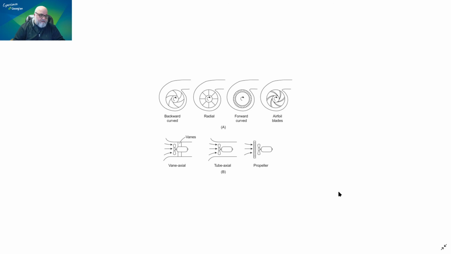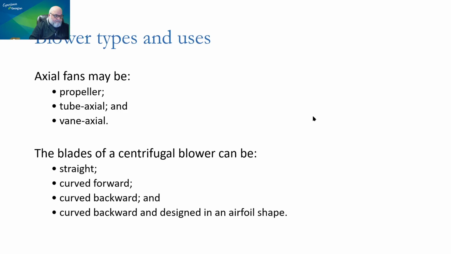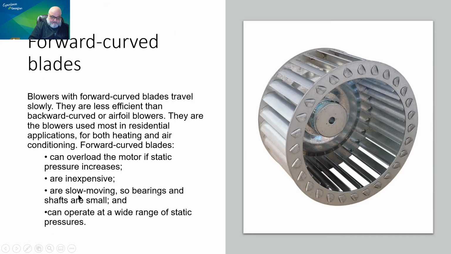So those are the different types that I saw on the CMPX show. And in your book, as I said, there is the axial fans and there's the centrifugal blower, and they are described in different ways. So let's see how they are described in the book.